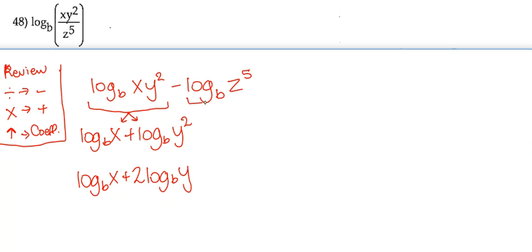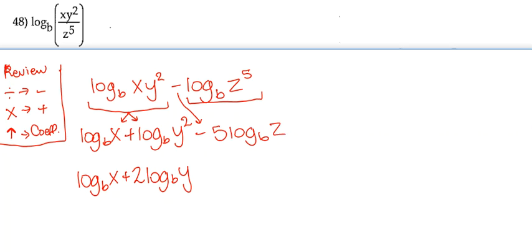Let's take a look at the next log, the log base b of z to the 5th power. We can expand that because it has an exponent, which we can move out to the coefficient in front of the log. So let's go ahead and do that, and let's not forget to bring down our negative sign. So this is going to turn into 5 log base b of z.